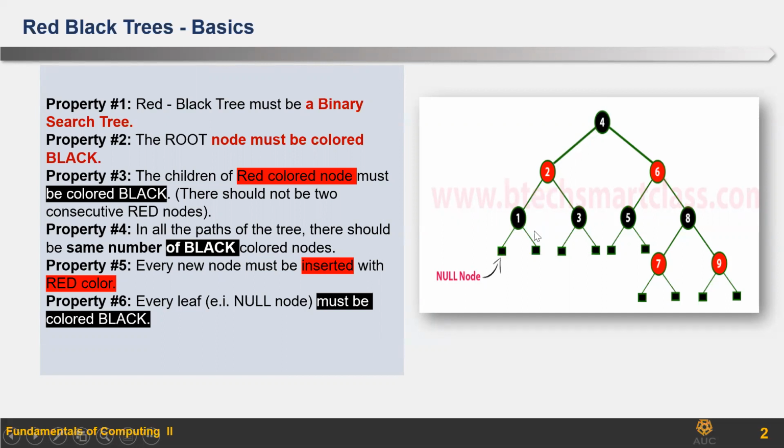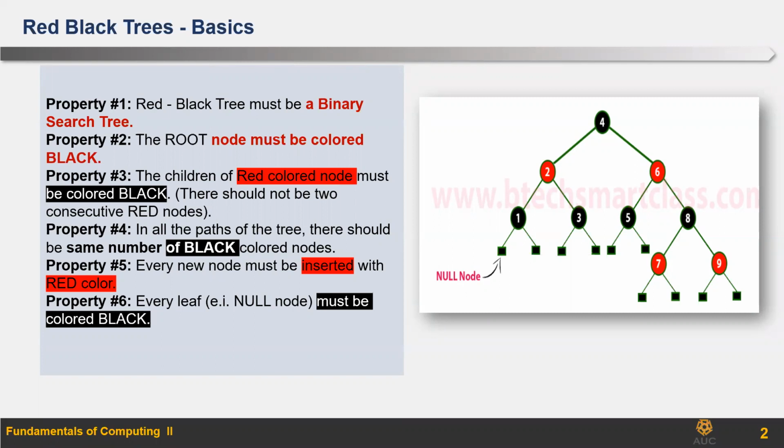A null node is always black. So if you go from 4 to 1, you have 2 black nodes. From 4 to 3, it's 2 black nodes. From 4 to 5, it's 2 black nodes. From 4 to 8 to 7, sorry, is 2 black nodes. From 4 to 9 is 2 black nodes as well. So this is basically the principle of the red black tree.